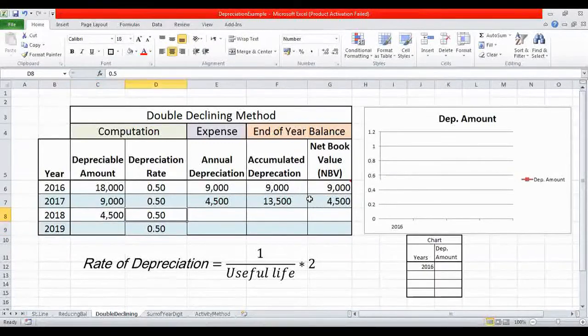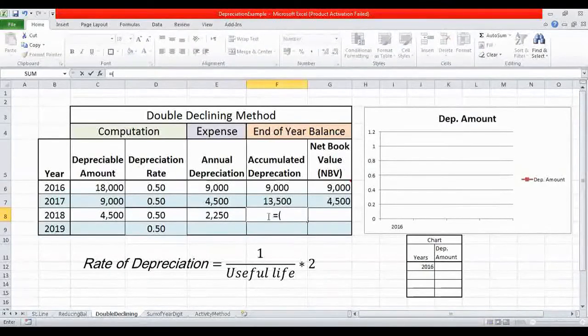We are going to calculate 50% of this. So 50% of this is simply, or in other words, let's drag this down. So 2,250. After calculating this, we need to add it into the previous balance in order to calculate the accumulated depreciation.